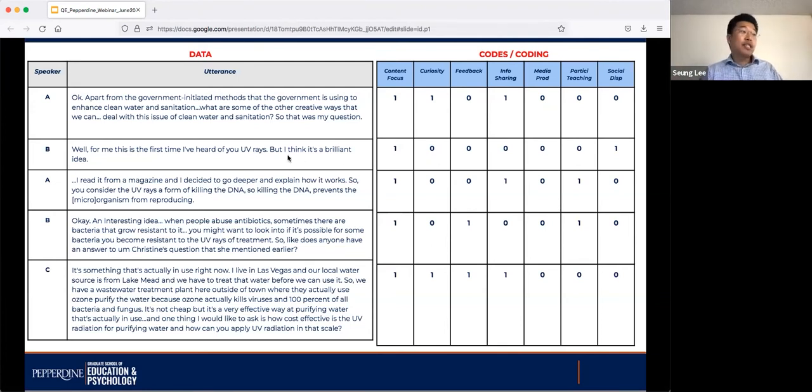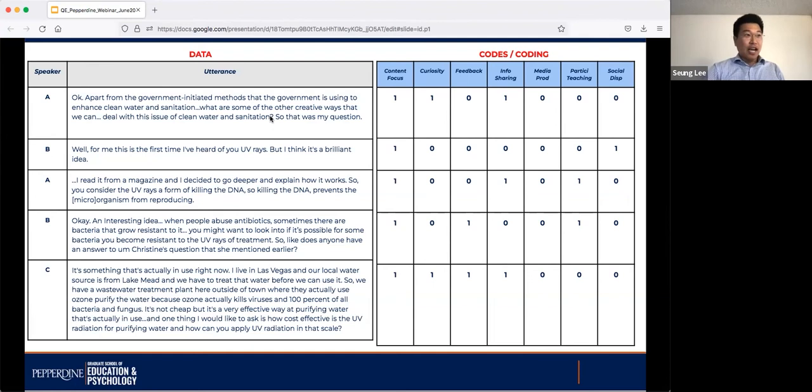And so we would go line by line to see if their particular utterance included any of the codes that were of interest to us. You can imagine an average meetup would usually have around, I would say, 400 to 600 lines of utterances.